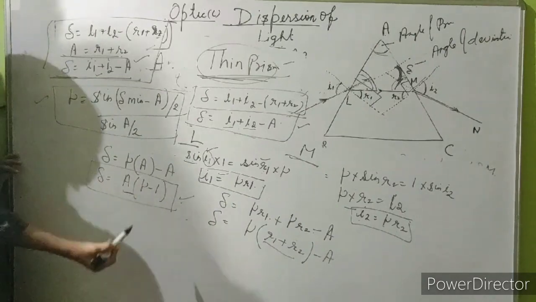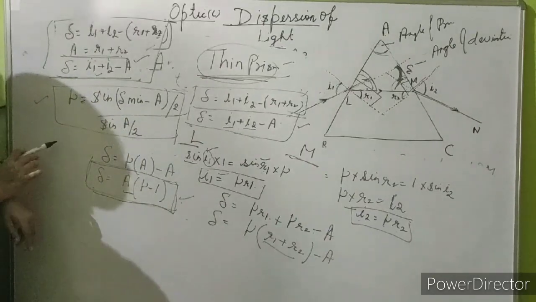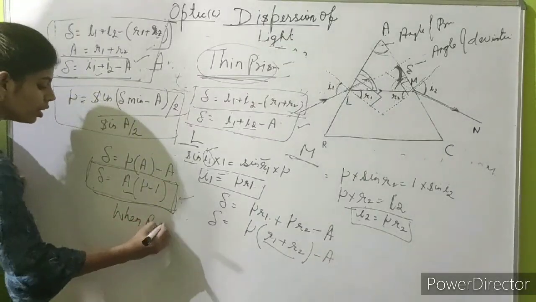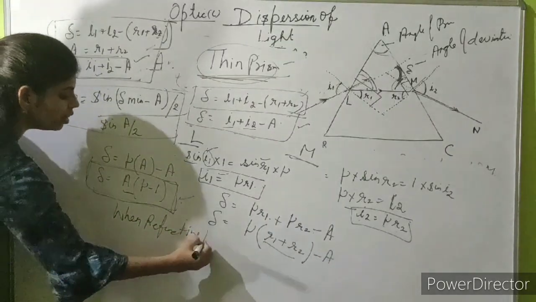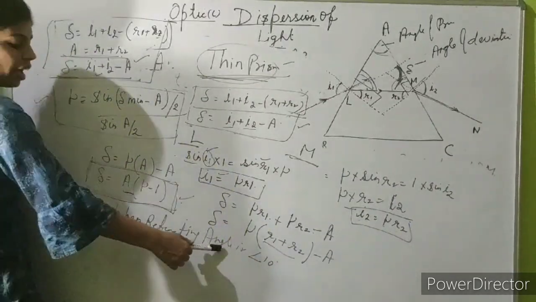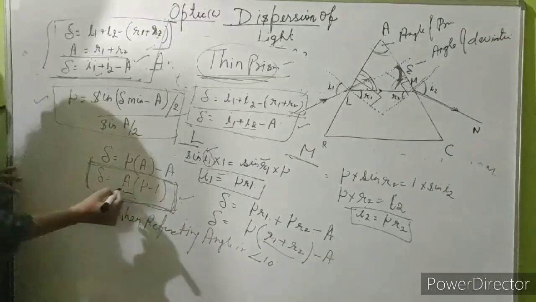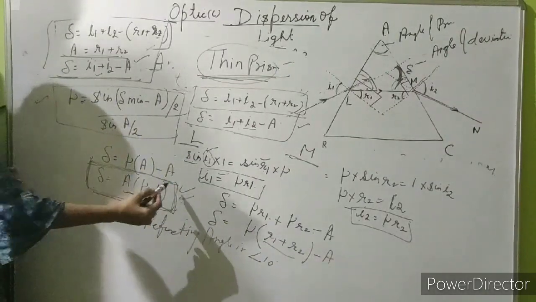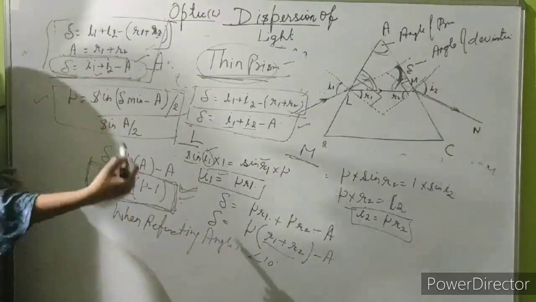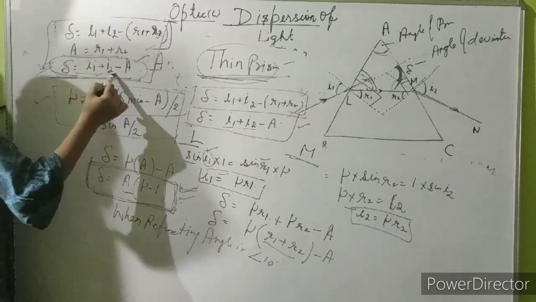This formula is used when the refracting angle is small, less than 10 degrees. When the refracting angle is less than 10 degrees, the angle of deviation is found by this formula, and if the refracting angle is greater than 10 degrees, we use the other formula for the angle of deviation.